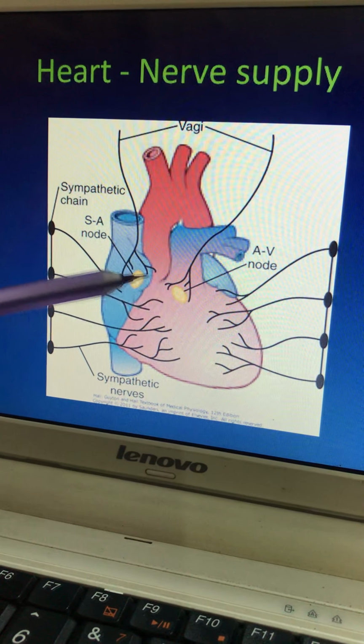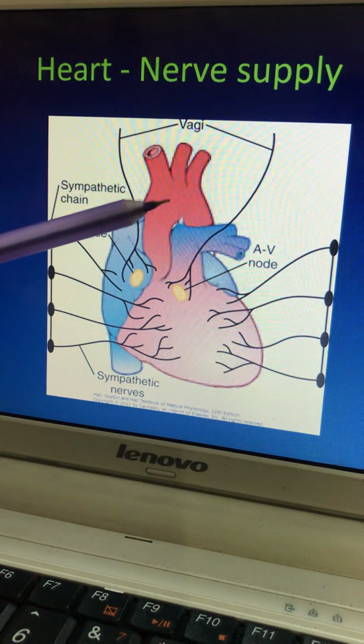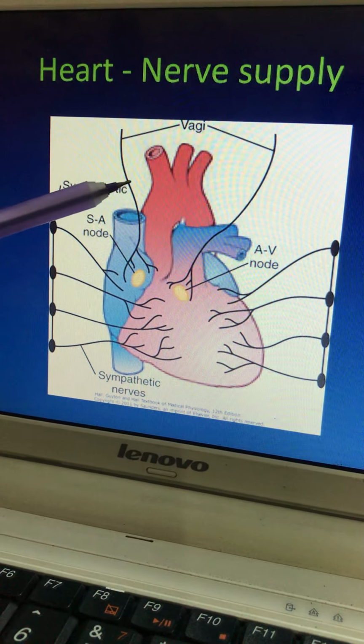Look at the diagram: the right vagus nerve and left vagus nerve. The right vagus nerve supplies the SA node and the left vagus nerve supplies the AV node. The vagus nerves extensively supply the SA node and AV node, that is, the vagus nerve or parasympathetic supply controls the heart rate predominantly.